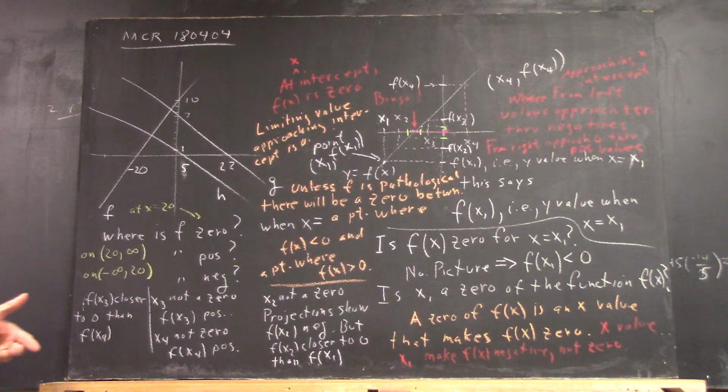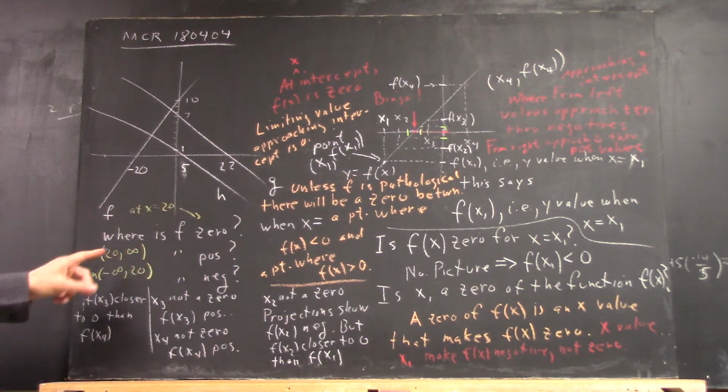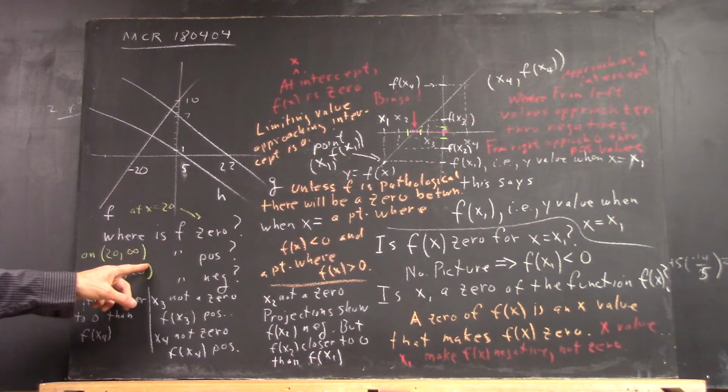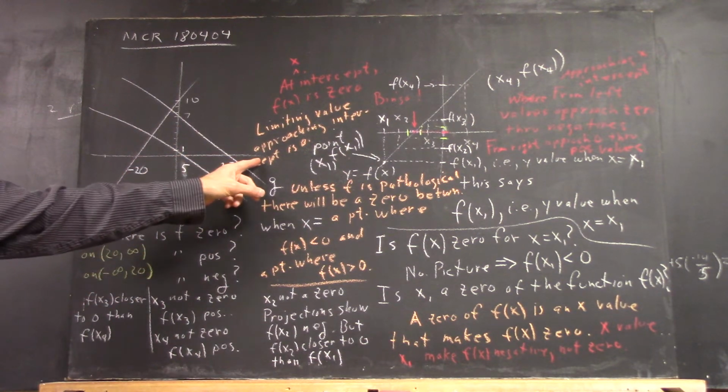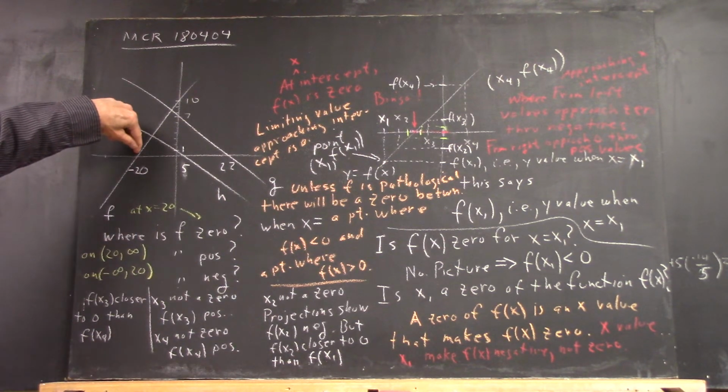So we say that f is positive where? On the interval from negative 20 to infinity. The interval negative 20, infinity. And f is negative on the interval from negative infinity to negative 20, okay?